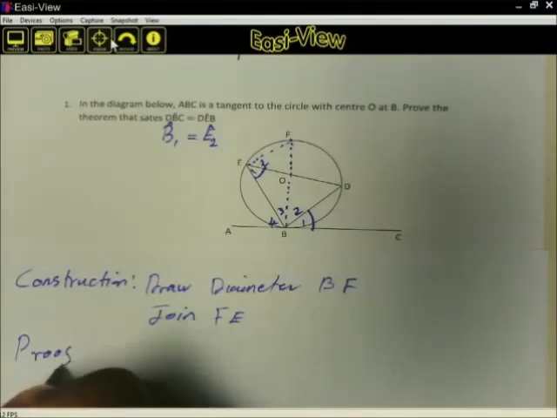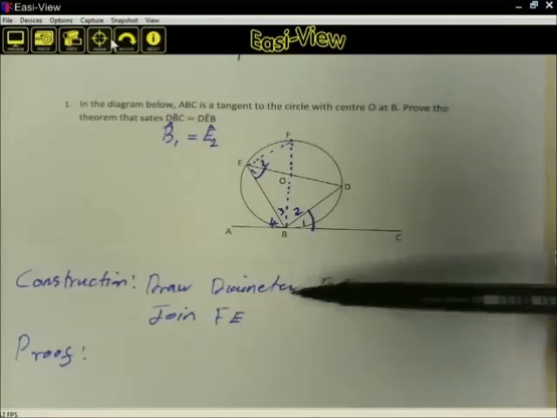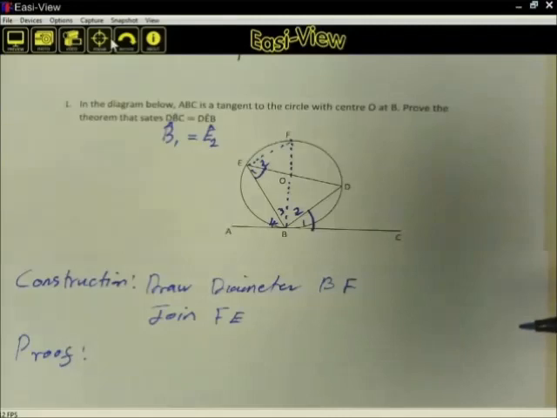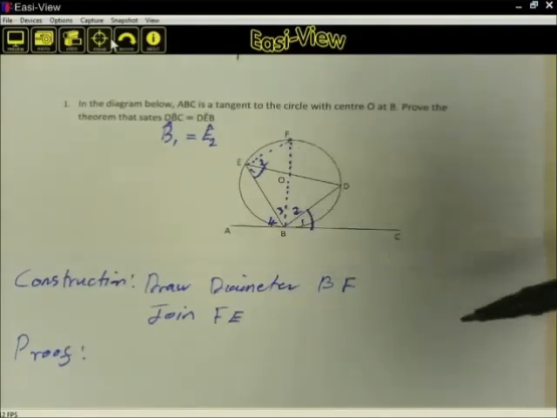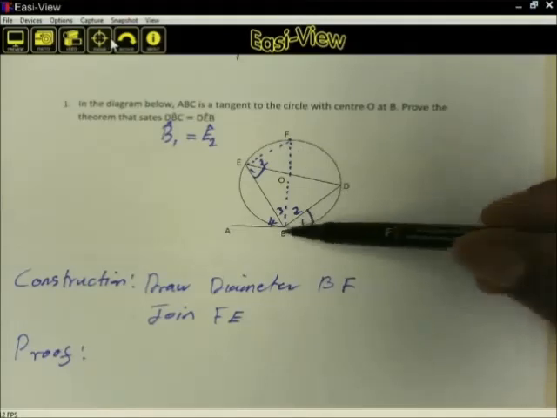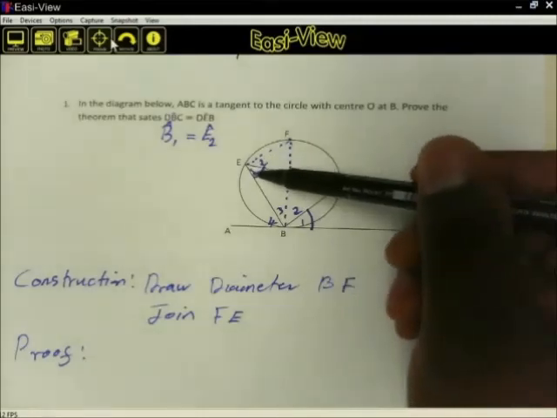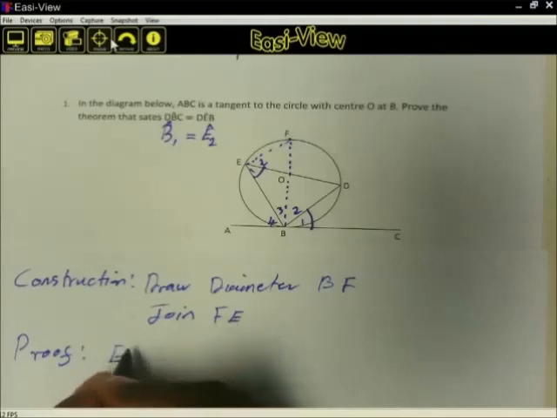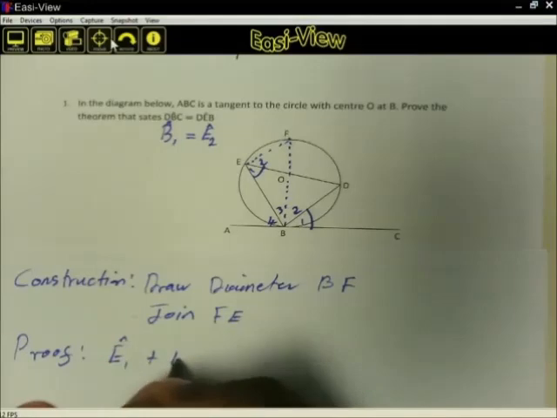Now here is the proof. If we look at the diagram, in our construction we have drawn diameter BF. Check, BF is a diameter. So we know the theorem that states an angle subtended by a diameter is equal to 90 degrees. So you look here, you'll see that angle E1 plus angle E2 gives us 90 degrees because it's an angle subtended by a diameter.